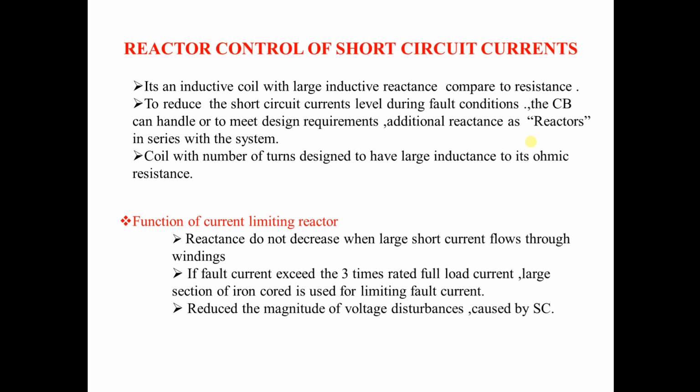So, in order to limit the short circuit current to a value which the circuit breakers can handle, an additional reactance called a reactor is used. A reactor is an inductive coil with a large inductive reactance compared to the resistance. It is connected in series with the system at a suitable point.